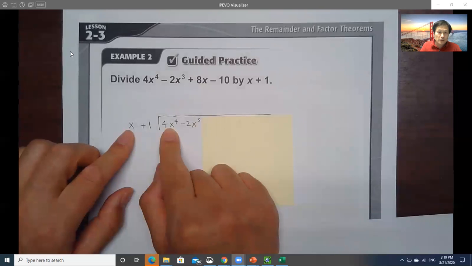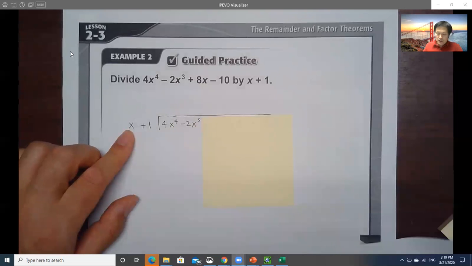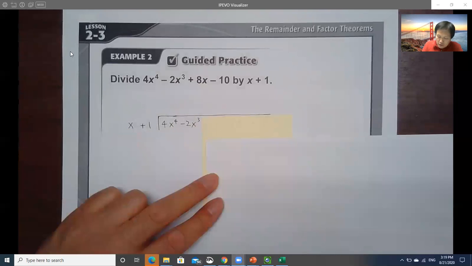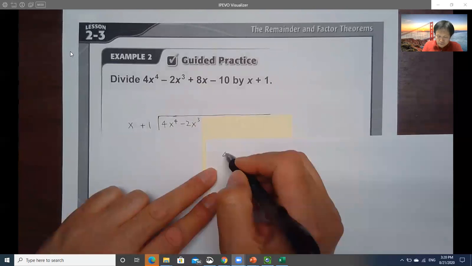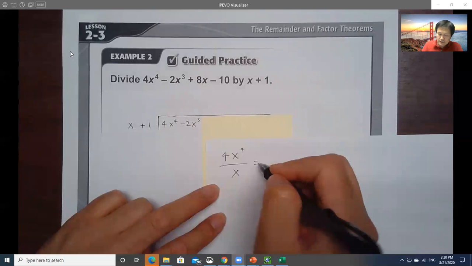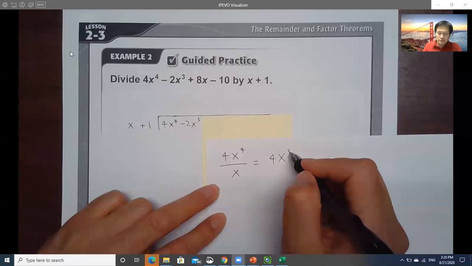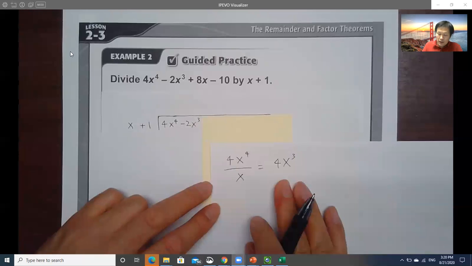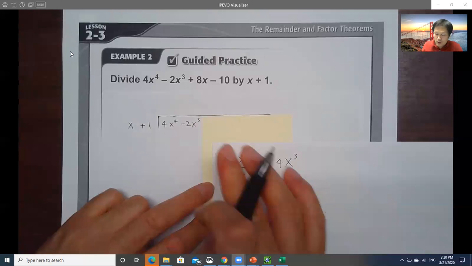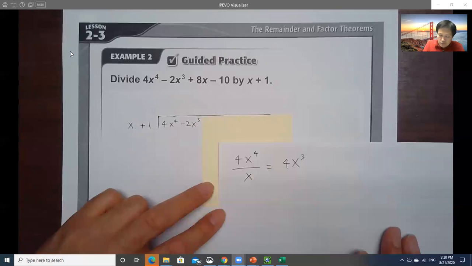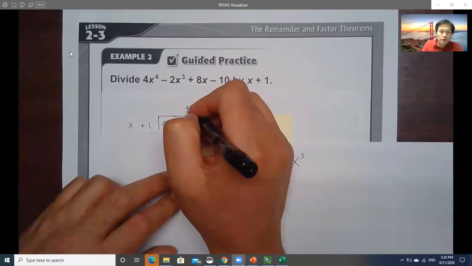Some of you can say, well, that's a 4x to the third. Fantastic. If you did not quite catch that, you can do this divided by x. So x cancels out, you end up with 4x to the cubic. That's how we know. Write that down on the quotient. Third power, line them up. 4x to the third power.